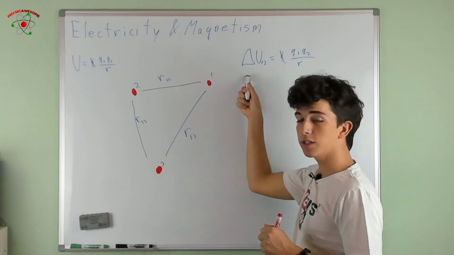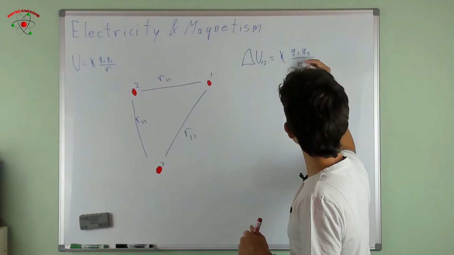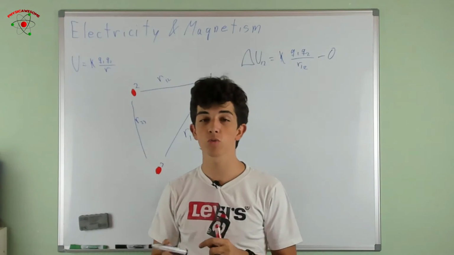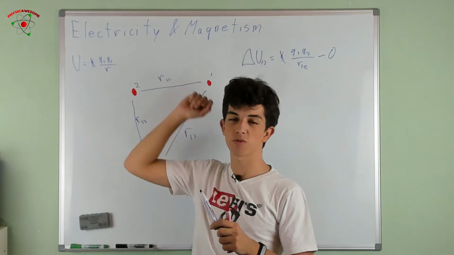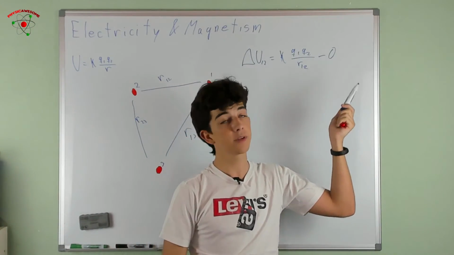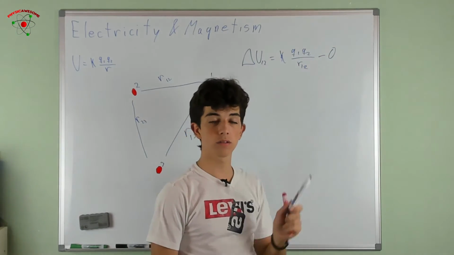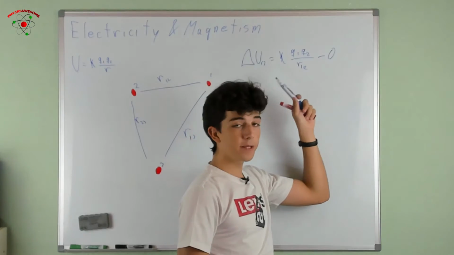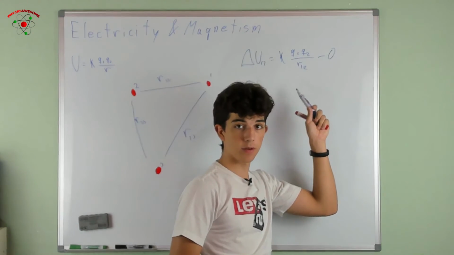Therefore, this change in energy is going to be equal to this with the R12 minus 0, because we consider we are bringing this charge from infinity, and therefore the distance will be infinite and also the potential energy there. So this is our first step.